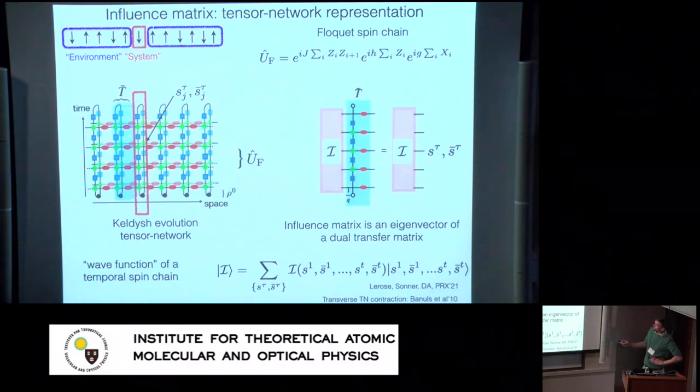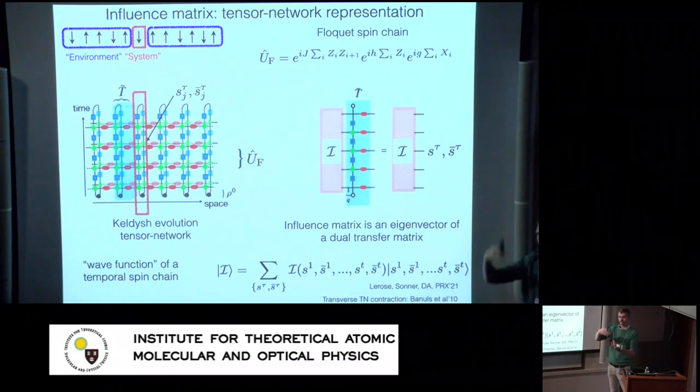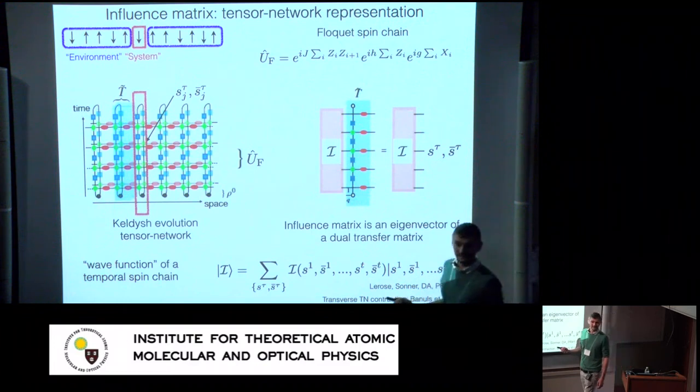But now what is most important is that I will make a connection to entanglement, and I will view this as a temporal wave function, if you wish, or temporal state on the temporal spin chain. So this would be a fictitious wave function, and I will ask about its entanglement properties.